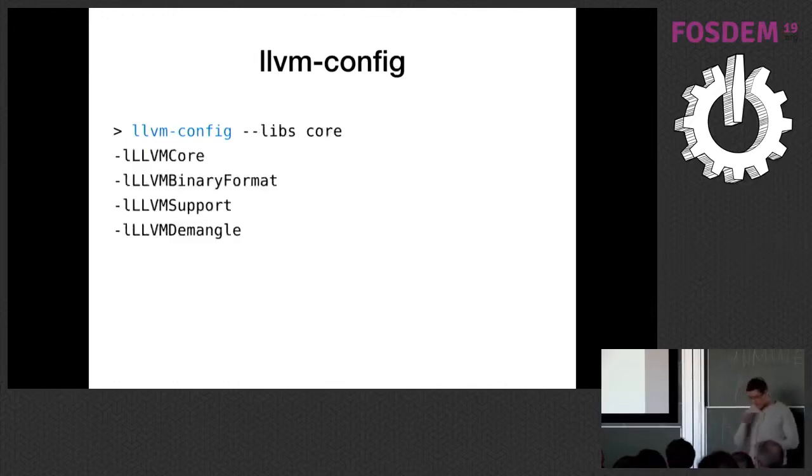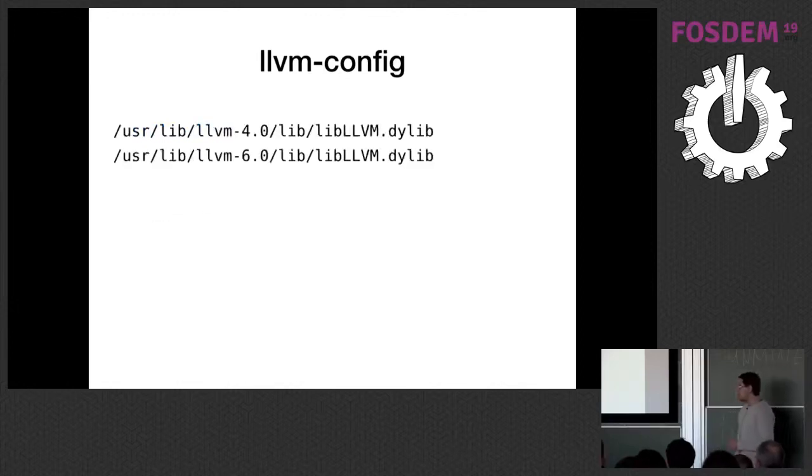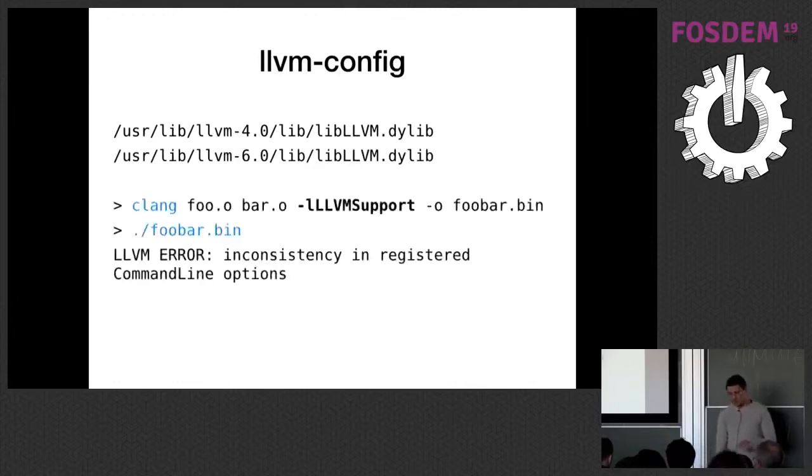Another thing is that llvm-config for libraries and linker flags works really well, but there is some other issue. If, let's say, you have more than one version of LLVM installed on your machine and you have libLLVM dylib, then eventually you may get this problem.